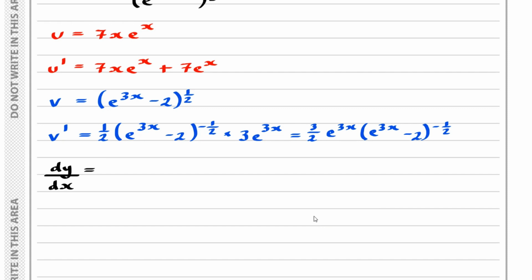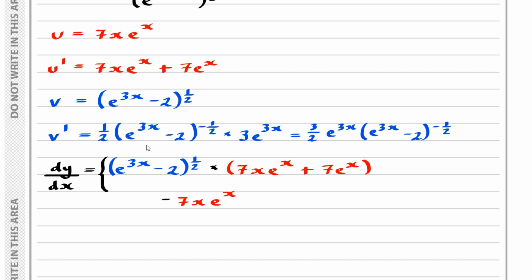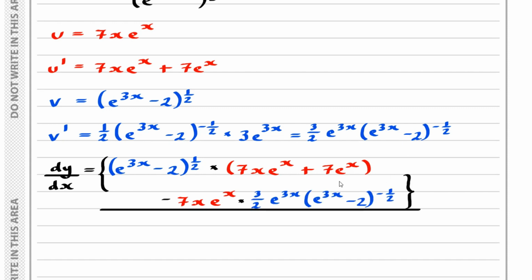So therefore, dy over dx, we have v multiplied by u dash, subtract u multiplied by v dash, and then we divide this by v squared, as we see here.